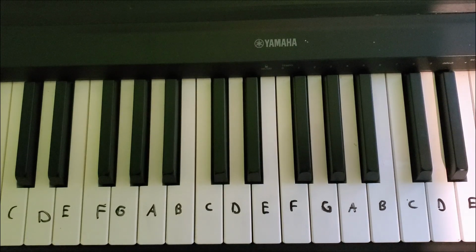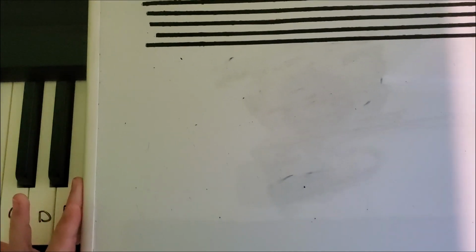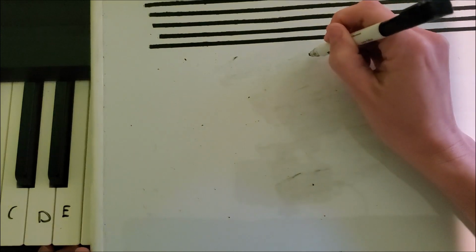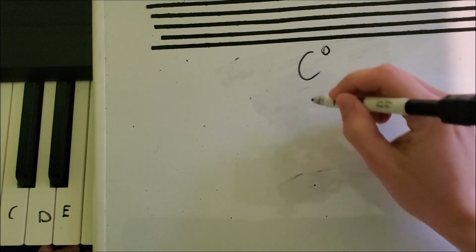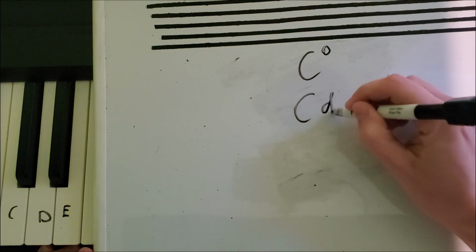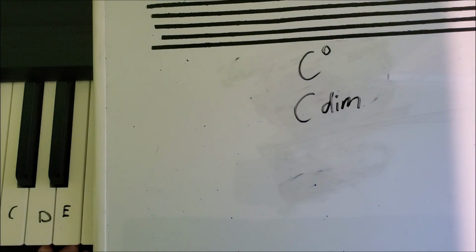If we move on to a diminished chord, we're still going to be using that C, but you might see a symbol like this, or something like this. That there is a diminished chord.